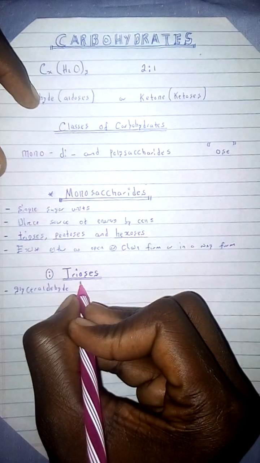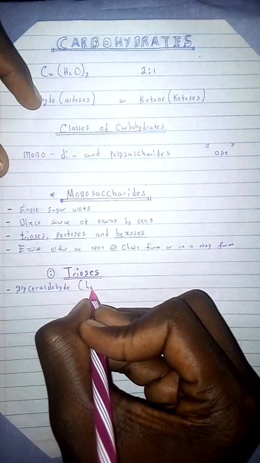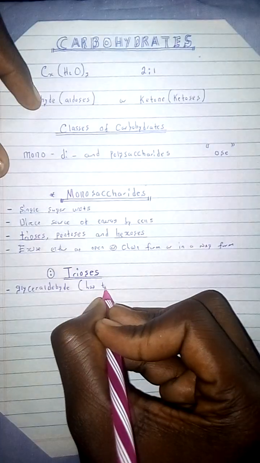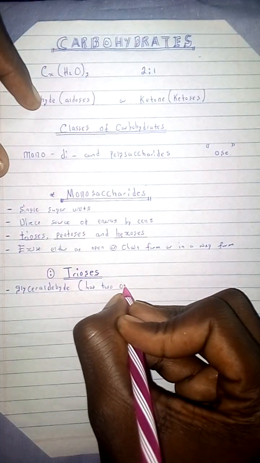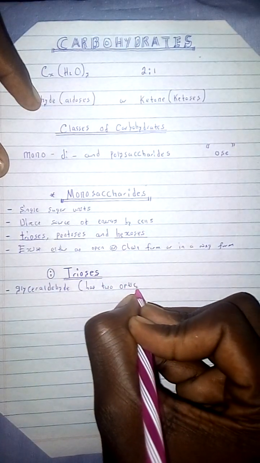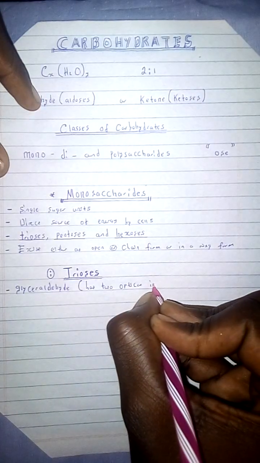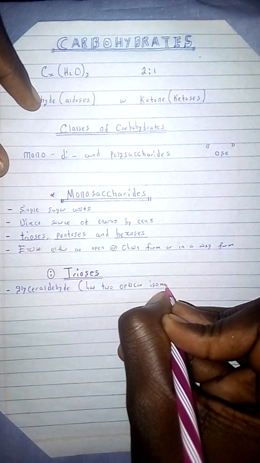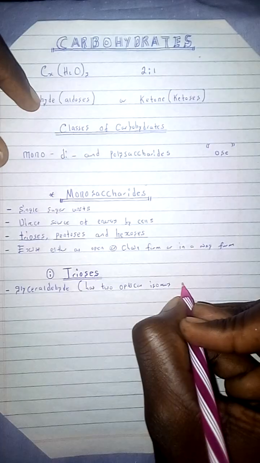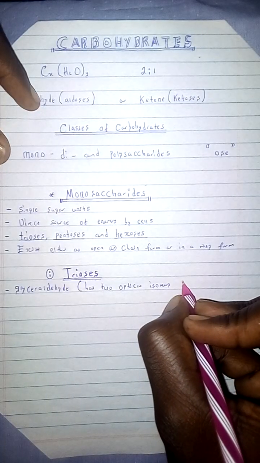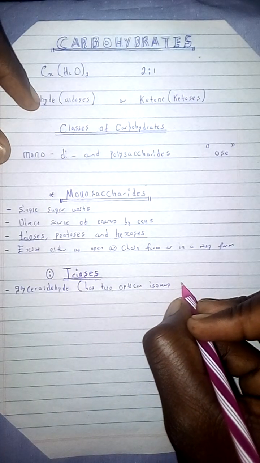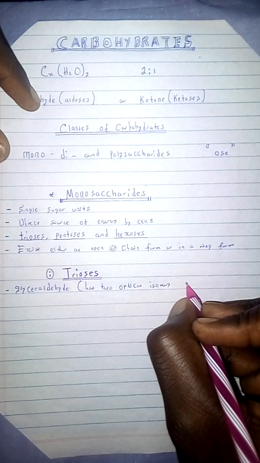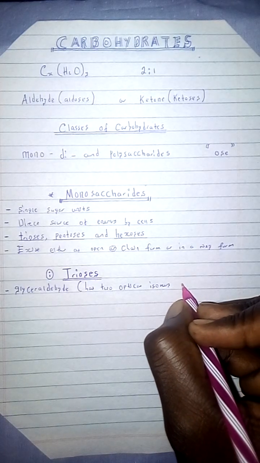This one has two optical isomers, which are the L and D glyceraldehyde.